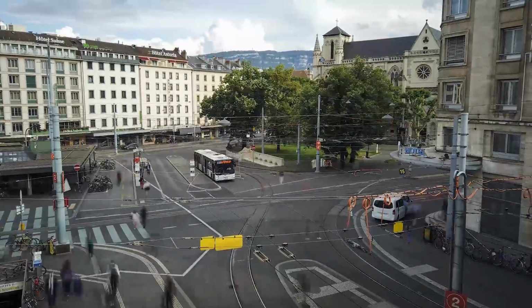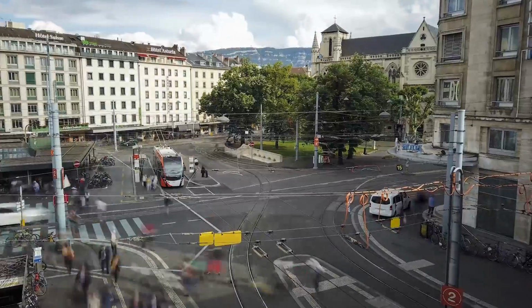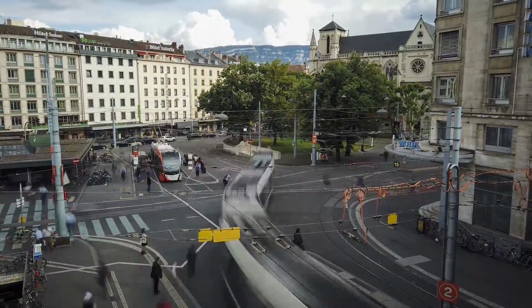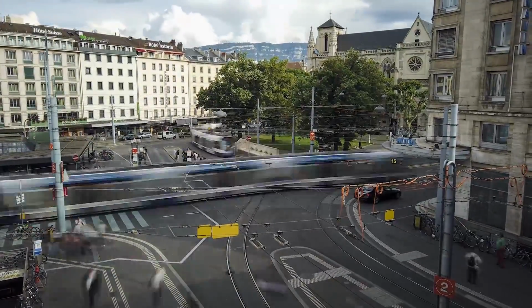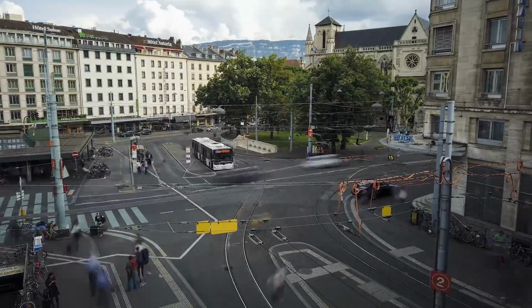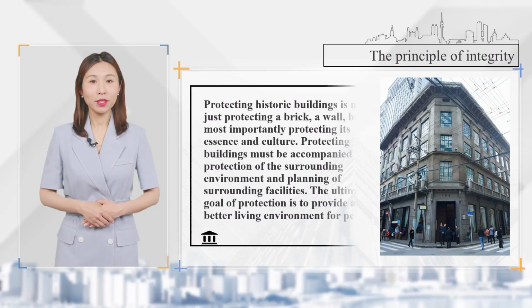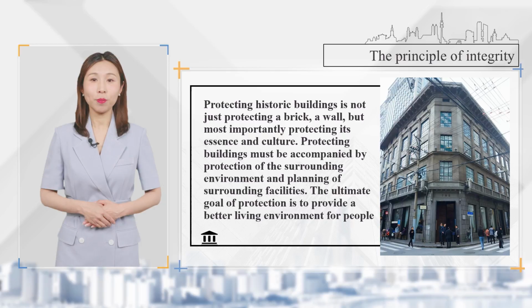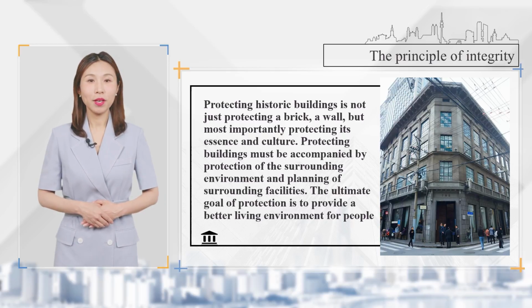Protecting buildings must be accompanied by protection of the surrounding environment and planning of surrounding facilities. The ultimate goal of protection is to provide a better living environment for people.